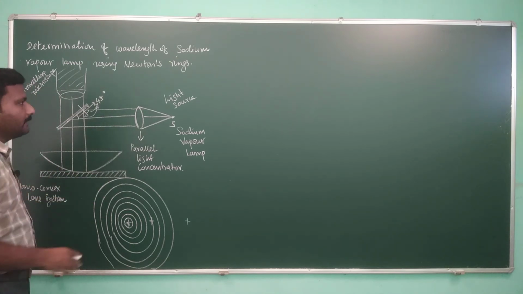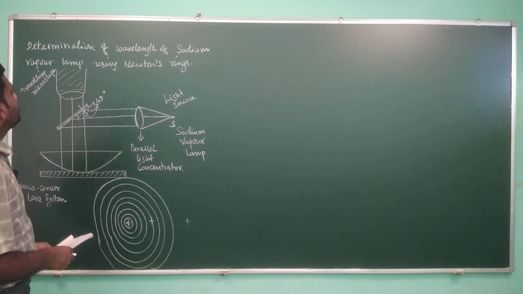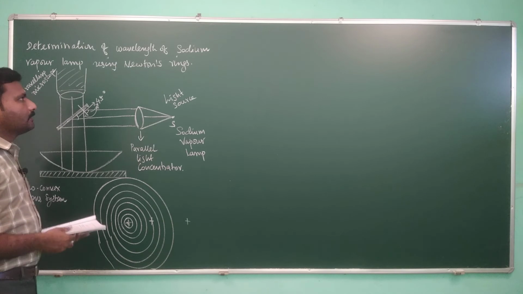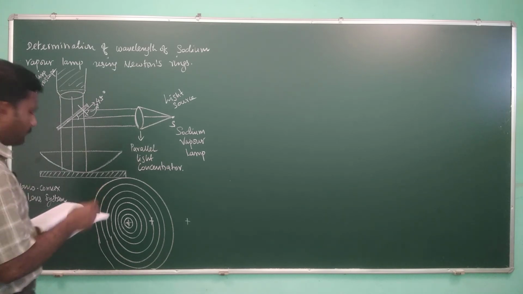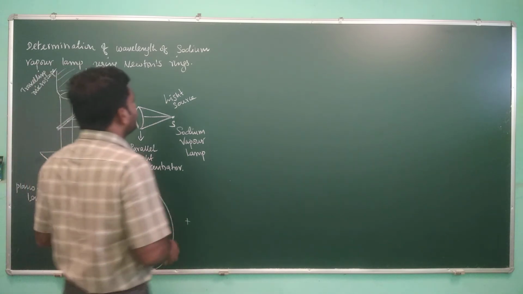So from these readings we can calculate the diameters, and from the diameters we can obtain the wavelength. We will explain that just after drawing this reading table.